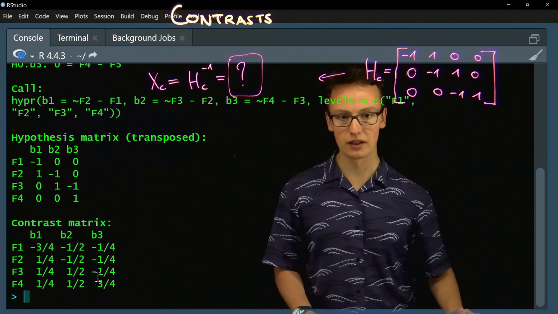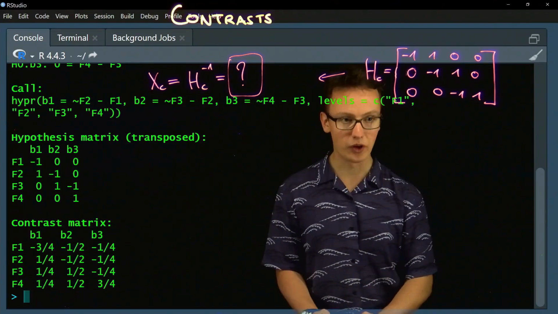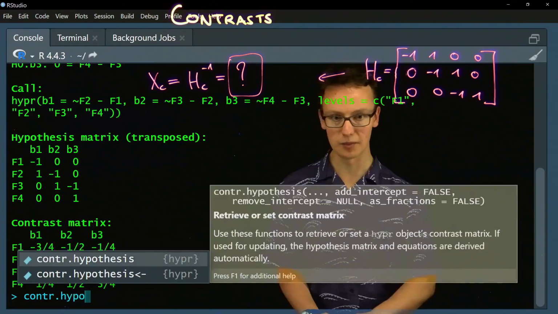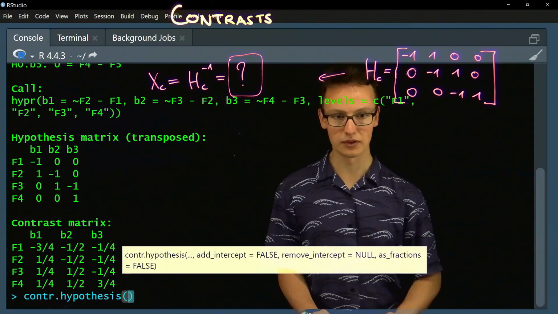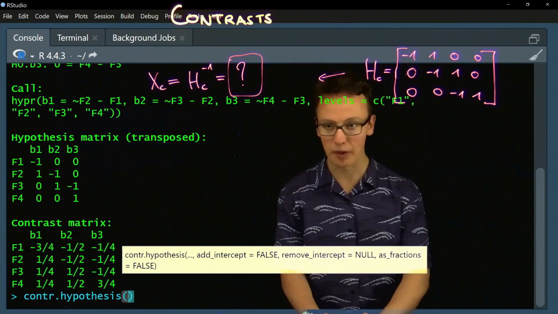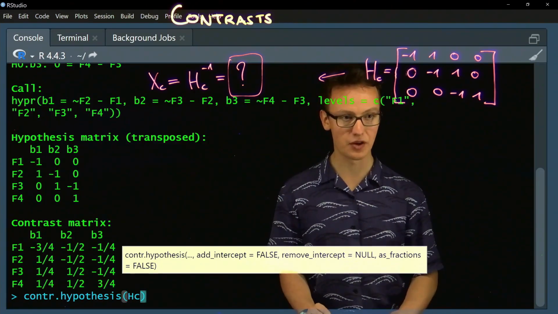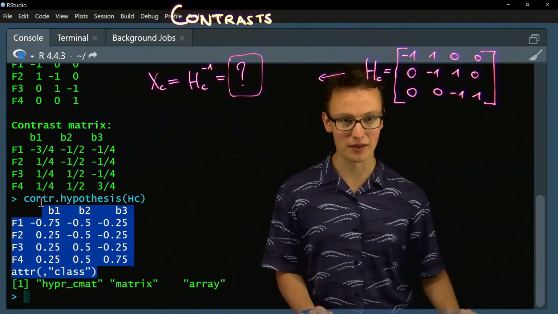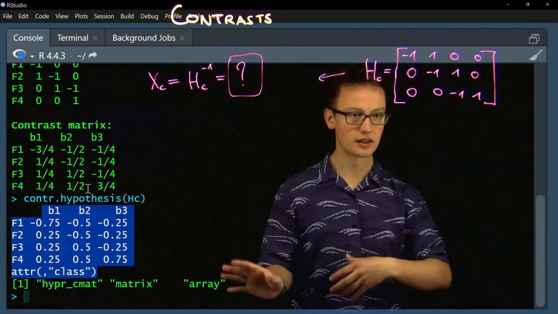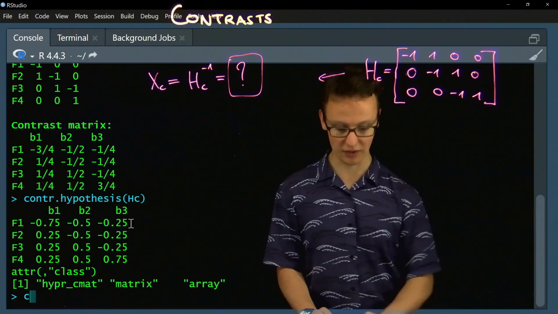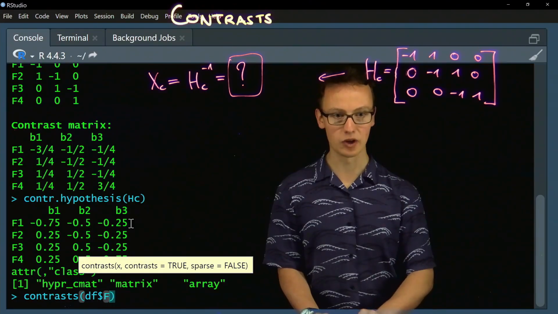And if we want to extract the contrast matrix and then maybe apply it to a linear model, we can do what we saw a couple of moments ago. We can use this contr.hypothesis function, give it this object generated by the hypr function, and it will extract this contrast matrix, which we can then feed into the definition of the contrasts of the particular variable we're interested in.